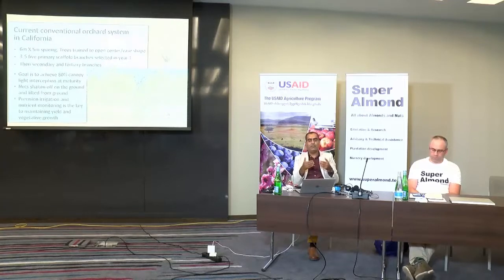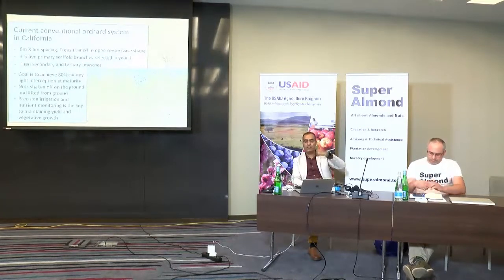At the same time, you have the capability of mechanically harvesting them. Harvesting right from the tree is really an advantage right now in California because of all the environmental regulations. So those are the two objectives of central leader trees.